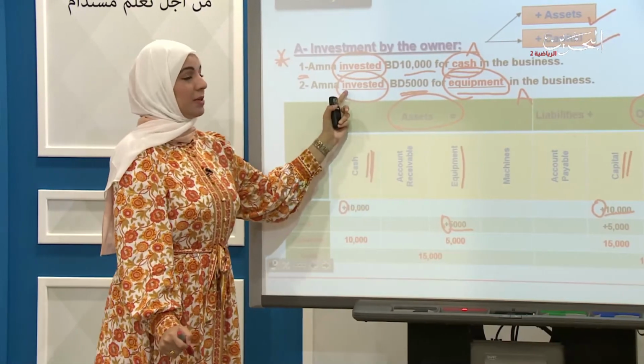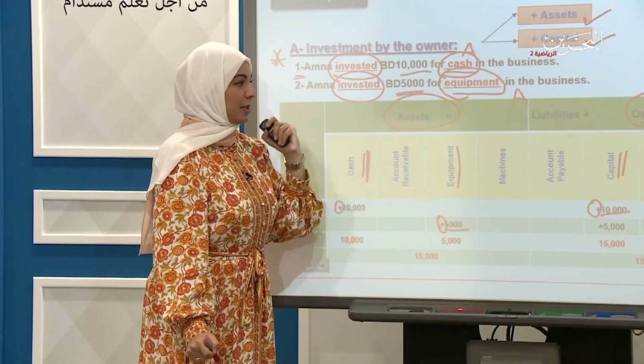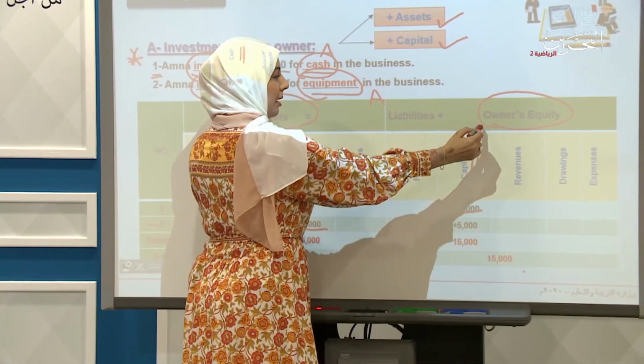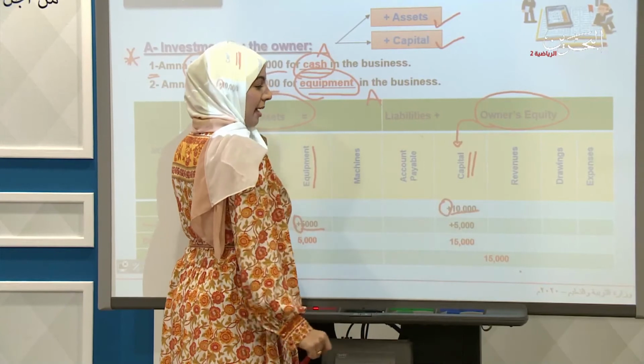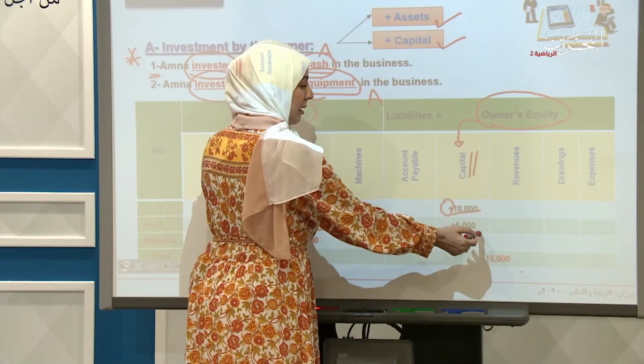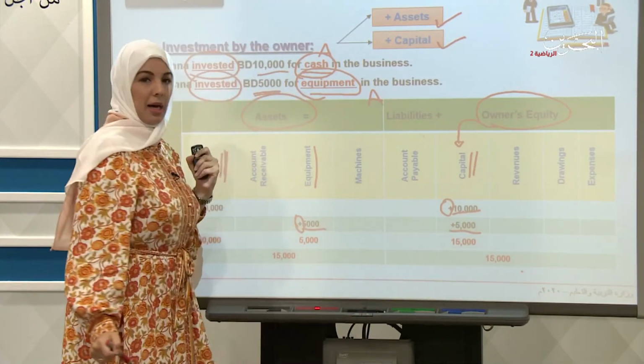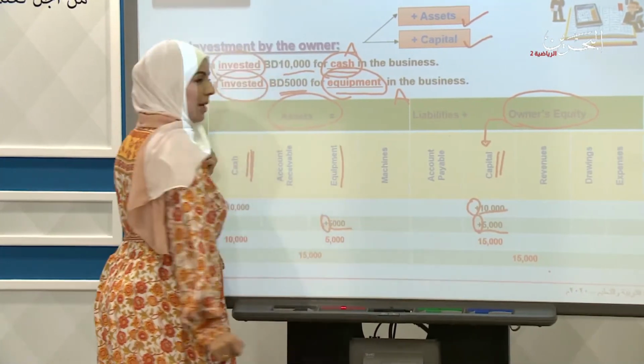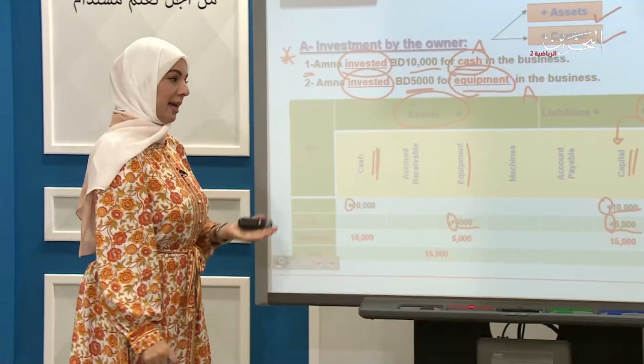The effect of investment will affect the capital of the company. So we'll move to the owner equity under the capital section and I will increase it in transaction number 2 by 5,000. And be careful, you should put the sign of a plus to show that the account will increase.